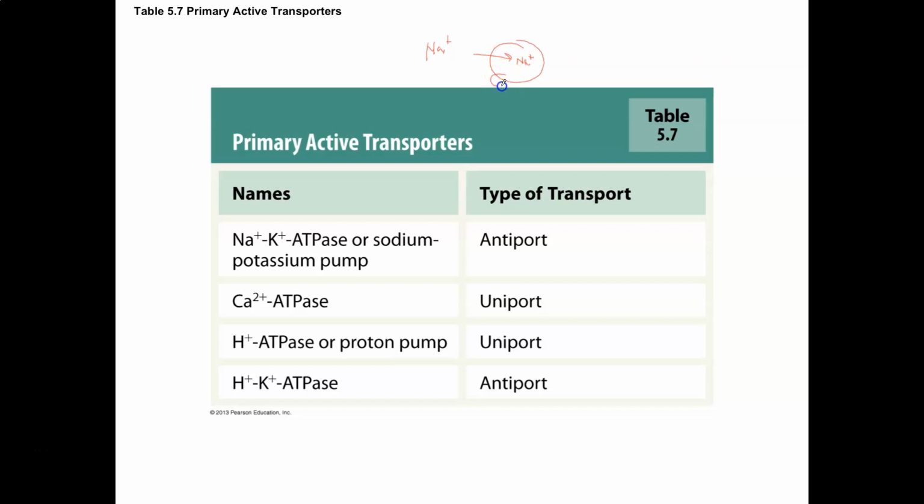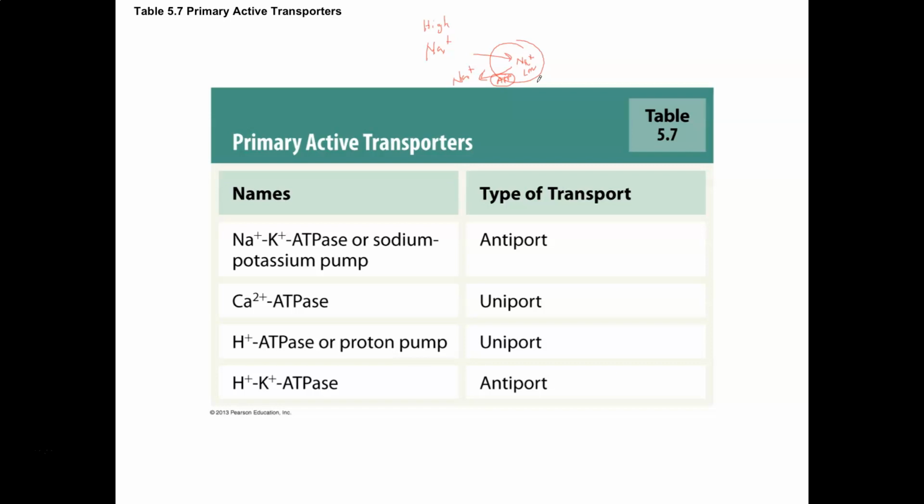But if you have active transport, so let's say we have a carrier protein that uses ATP that can move sodium back out of the cell, you are creating disequilibrium. You're spending energy to ensure that you keep a high concentration of sodium outside and a low concentration of sodium inside of the cell. So oftentimes think of active transport as moving things against the concentration gradient so that we don't have equilibrium occur within the body.